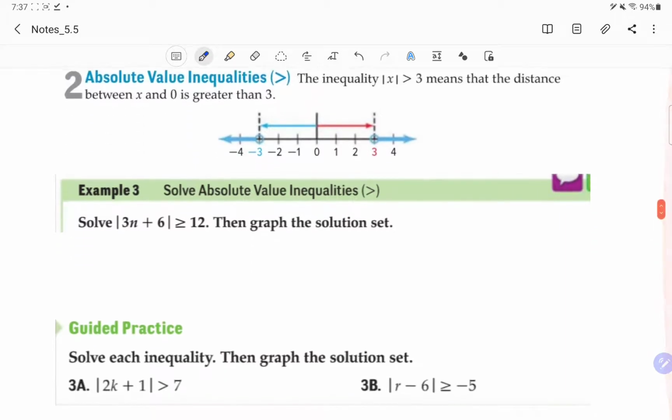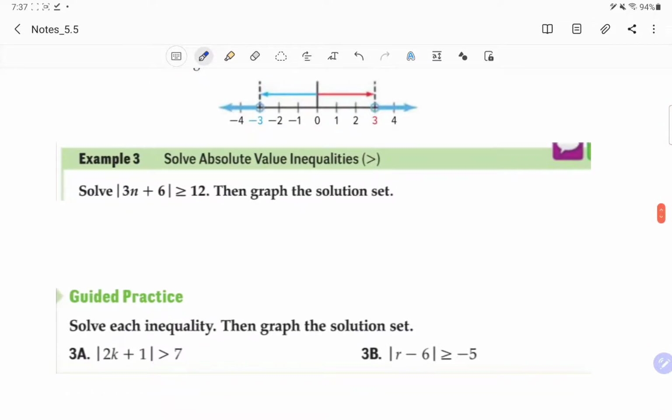All right, so let's look at example 3 here. You have 3n plus 6. So I'm going to take 3n plus 6 is greater than or equal to 12, or we do the same thing, 3n plus 6, turn your sign around, is less than or equal to negative 12.